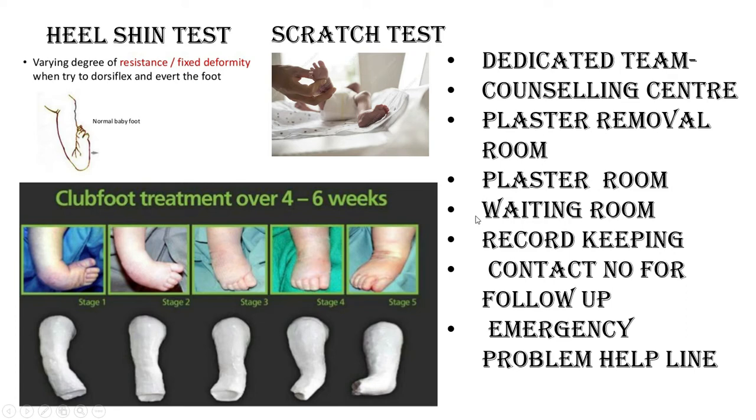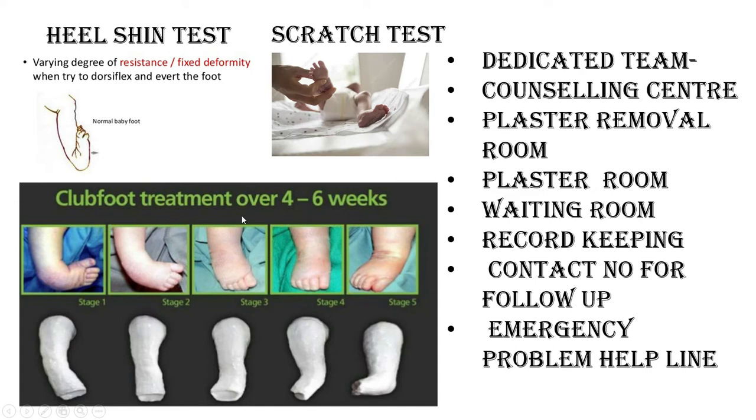So there must be a waiting room, and there is the issue of breastfeeding, so you have to give a separate room for that, and proper record keeping, because each and every correction needs the Pirani score jotted down.